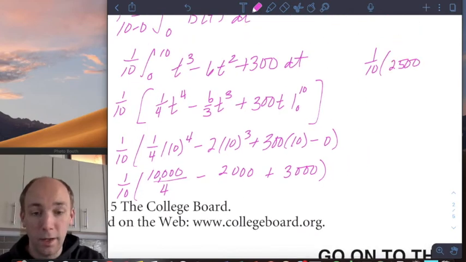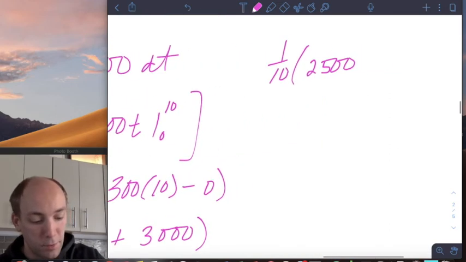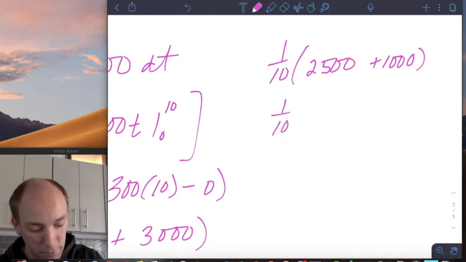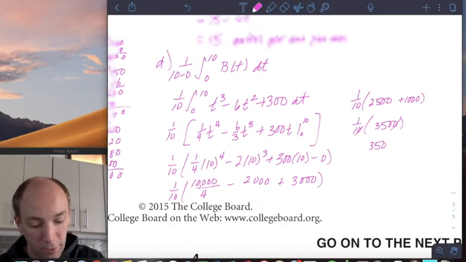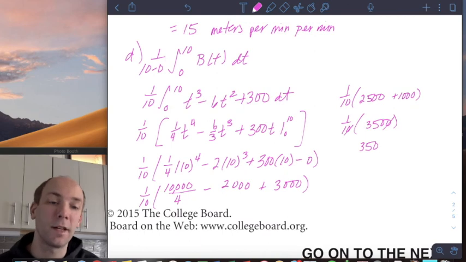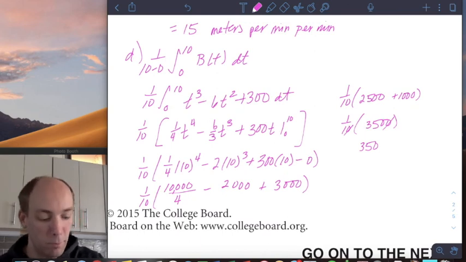Then negative 2,000 plus 3,000 would just be plus 1,000. And then 3500, and then take off a 0, so 350. Because this is an average velocity, remember velocity is measured in meters per minute.